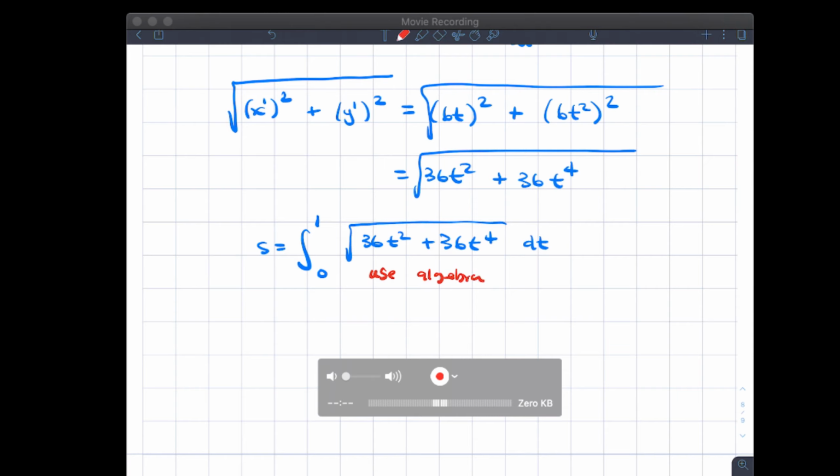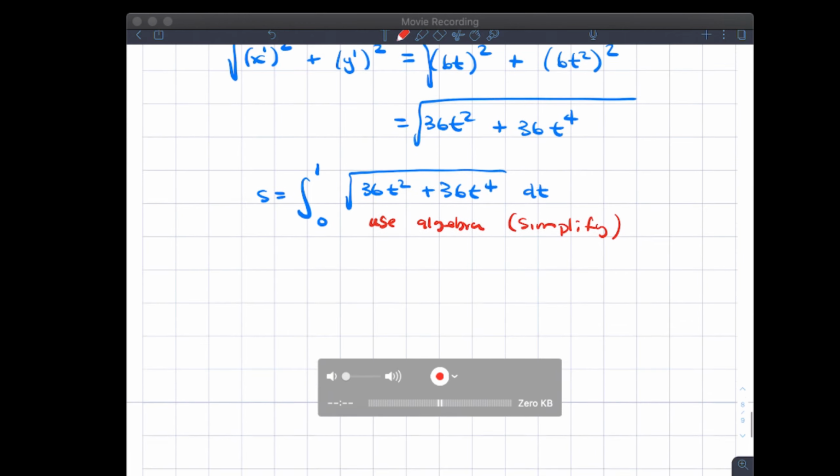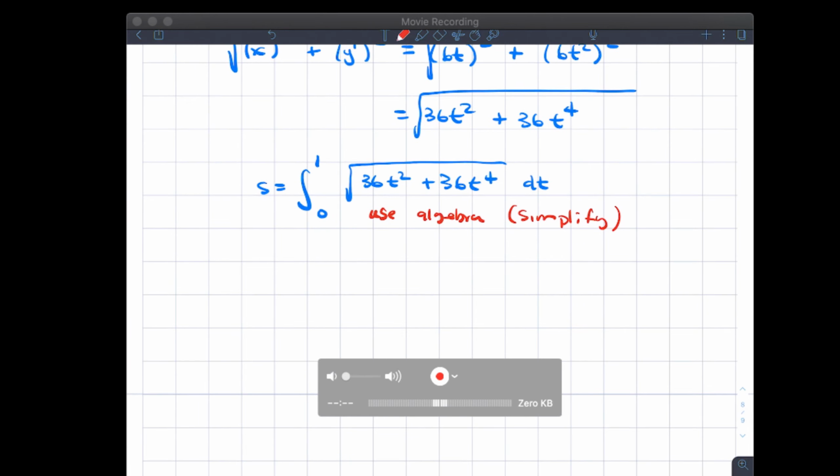And the reason you use algebra is so you can simplify the integrand here so that you can integrate, right? I see what I can do here is factor out 36 and a t squared. I can factor out the greatest common factor.